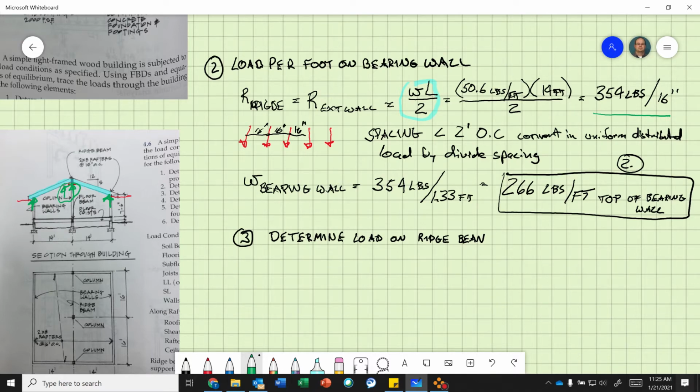Okay, so if this was a different span length, you'd add this reaction plus that reaction, and that would be the total load on that ridge board, ridge beam. They call it ridge beam, I call it a ridge board. Okay, so knowing that, you can take 266 pounds per foot, right? Because this 266 pounds per foot is on top of the bearing wall and also on top of the ridge board.